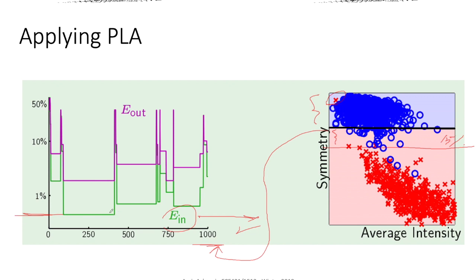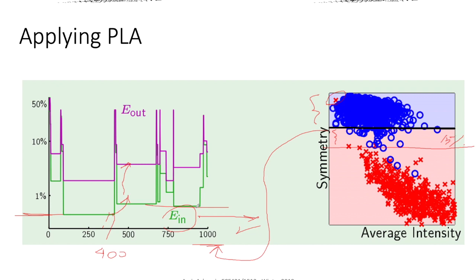And then after some iterations, maybe 400, by picking one of the misclassified points here, it went all the way back up, and went even worse at 500, and it couldn't recover to somewhere better than this. So it stopped here after 1,000 iterations.